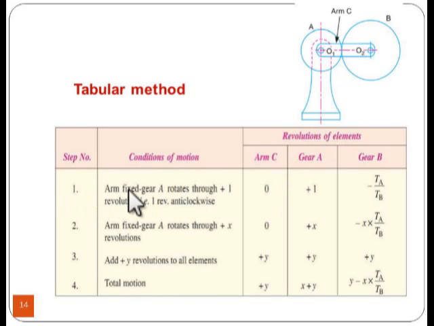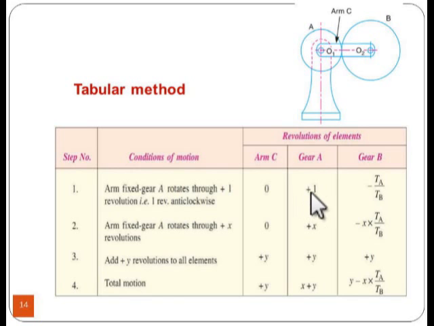The first condition is arm is fixed, gear A rotates through +1 revolution anti-clockwise. So in that case, your arm, as it is fixed, is going to have 0 rotation.